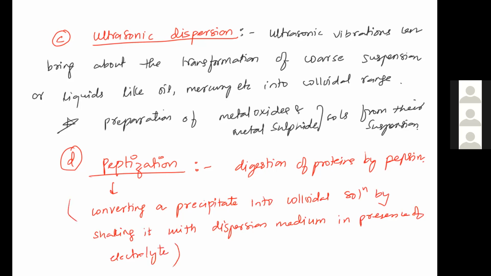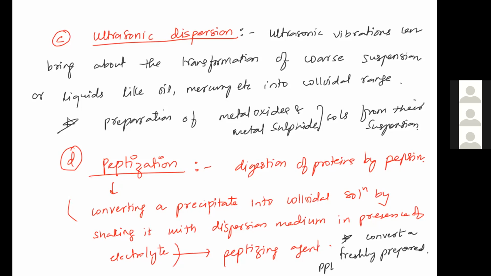So whatever electrolyte you are using here is nothing but the peptizing agent. So this method is specifically used to convert a freshly prepared precipitate into colloidal solution.